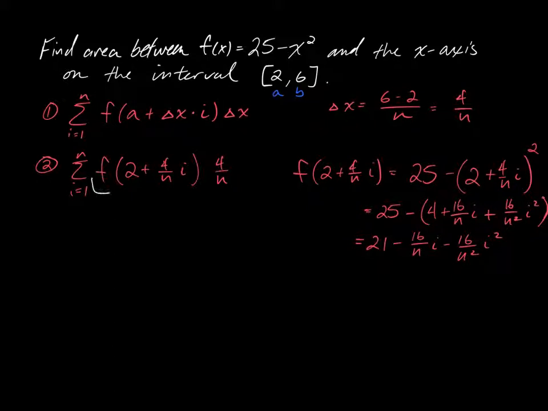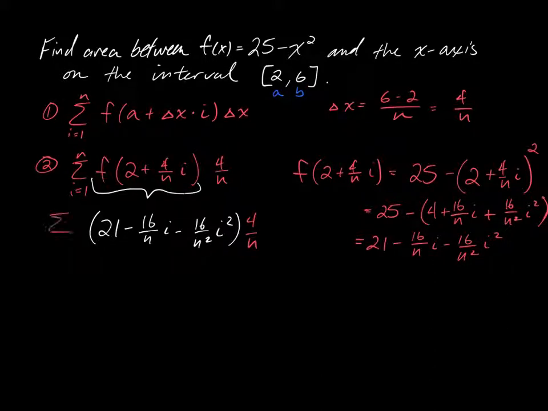And so this whole piece here gets replaced with 21 minus 16 over n i minus 16 over n squared i squared, times 4 over n, the summation as i goes from 1 to n.